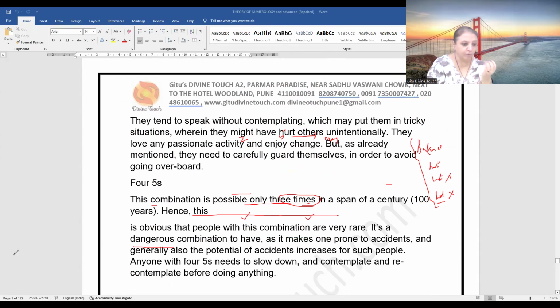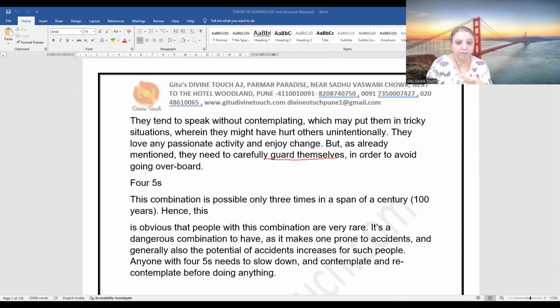So, overtalk with three fives, wherein they might hurt others intentionally. They love any passionate activity and enjoy change, but as already mentioned, they need to carefully guard themselves in order to avoid going overboard.